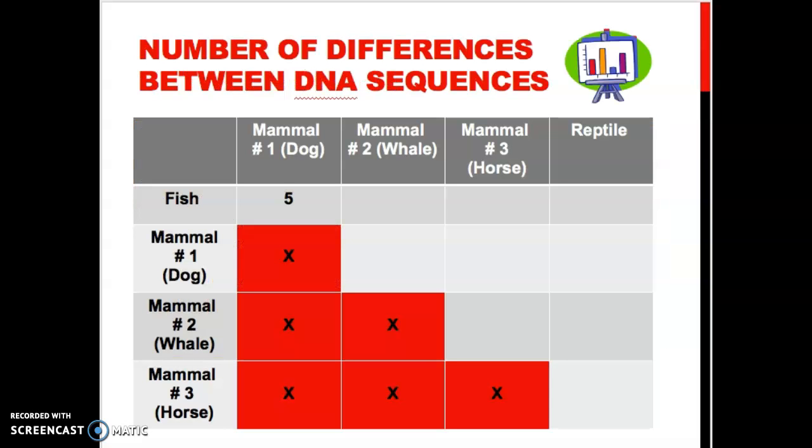Okay, so in your notebooks, first of all, make sure you give it this heading, the number of differences between DNA sequences. And then you are going to make a chart, and you're just going to write numbers in the chart, so you don't have to make the boxes very big. But you want 5 columns and 5 rows, okay? And then we are going to use dog DNA, whale DNA, horse DNA, and then reptile DNA.